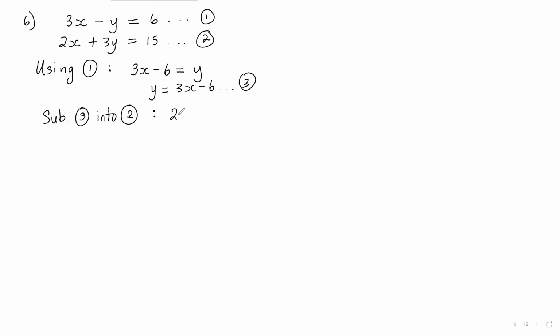So this would be 2x plus, well, it's plus 3y. So that's plus 3 times 3x minus 6 is equal to 15. Now I remove my brackets and I simplify. So 2x plus 3 times 3x is 9x. 3 times minus 6 is minus 18. All of that is equal to 15. 2x plus 9x is 11x.